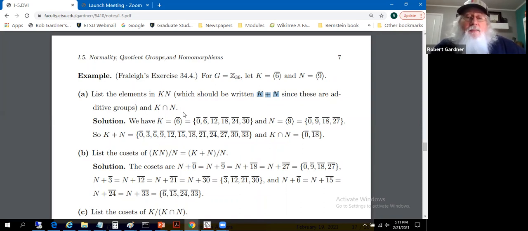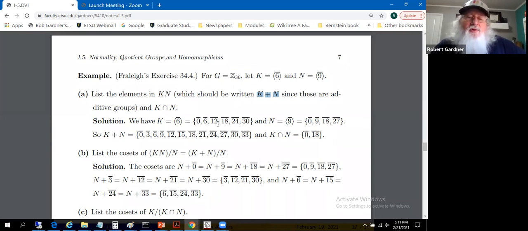And K intersect N. Well, first off, K is the group generated by 6 bar. So we just take 6 plus 6, 6 plus 6 plus 6. Just keep adding sixes until you return to where you started. That's how we find the order of an element. Everything's finite here, so we're good.